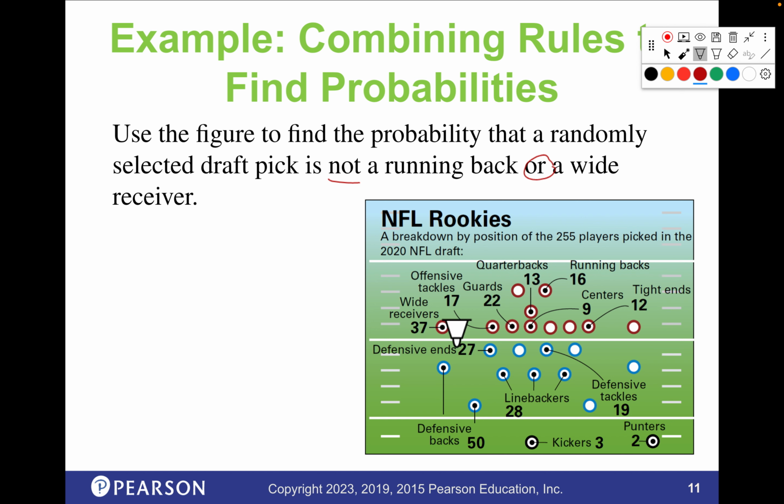And what we see is wide receivers are here. I guess these are number of draft picks. So there's 37 wide receivers that were in the draft pick. What else are we looking for? Running backs. Where are the running backs? Here's the running backs. There were 16.